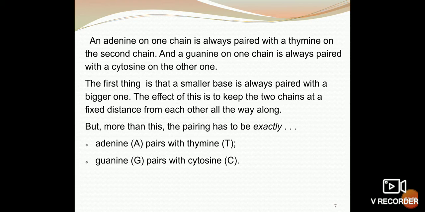The first thing is that a smaller base is always paired with a bigger one. The effect of this is to keep the 2 chains at a fixed distance from each other all the way along. But more than this, the pairing has to be exactly that adenine pairs with thymine, guanine pairs with cytosine. That is, A pairs with T and G pairs with C.